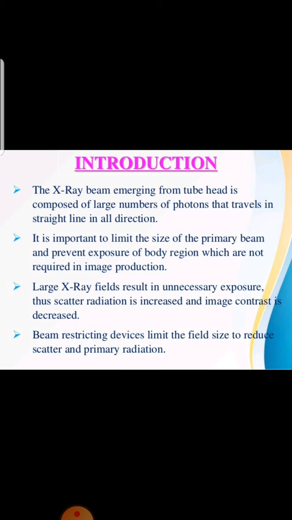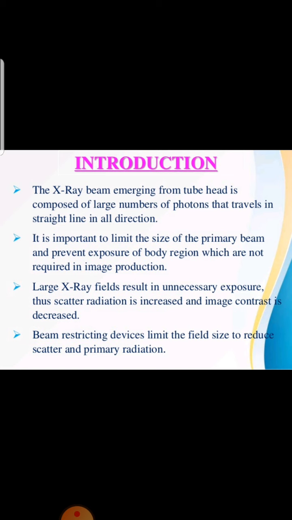It is important to limit the size of the primary beam and prevent the exposure of the body regions which are not required in the image production. So the basic function of restricting your beam is to image only that part of the body that we are going to examine, and not the extra part of the anatomy that is not required and that is not being asked to be included in the exam.